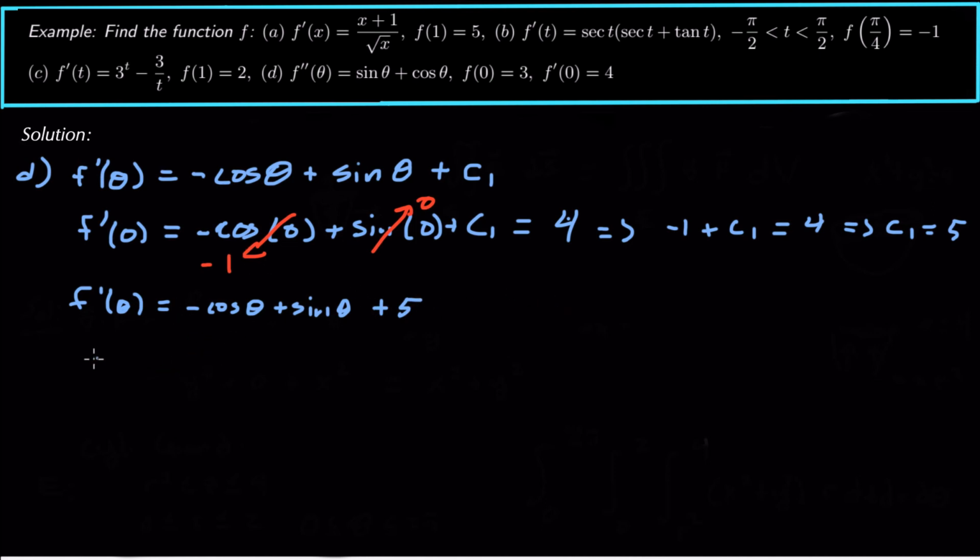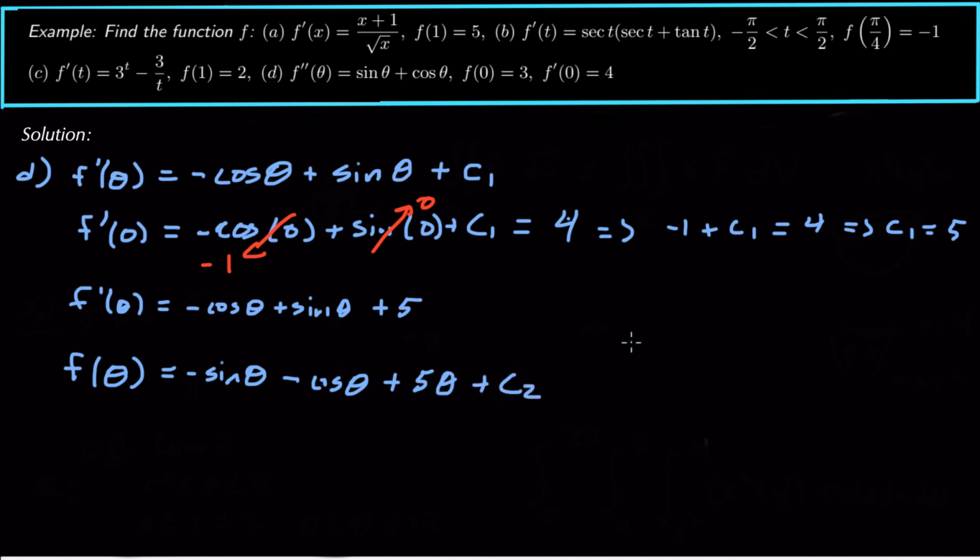Now we antidifferentiate again to get f of theta. So antiderivative of negative cosine would be negative sine, because if I were to differentiate negative sine, I would get negative cosine. And then antiderivative of sine is negative cosine, so I put a negative cosine theta plus 5 theta plus c2.